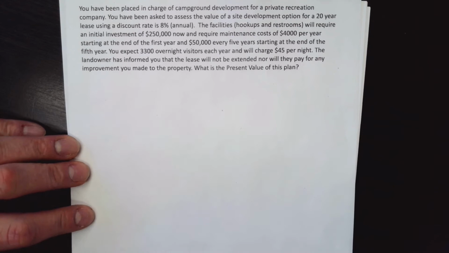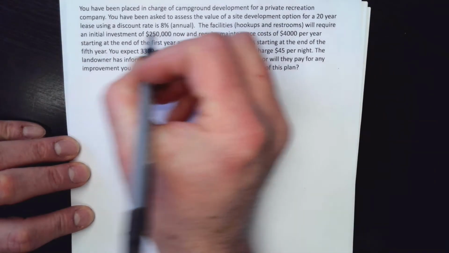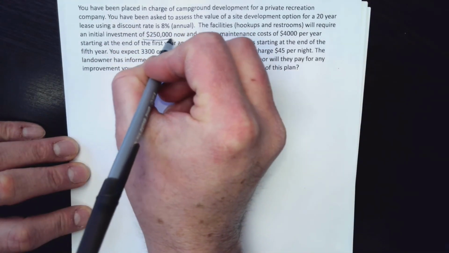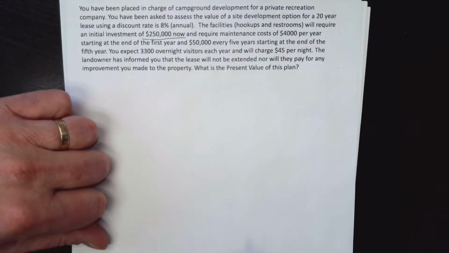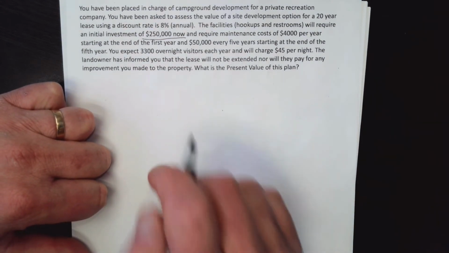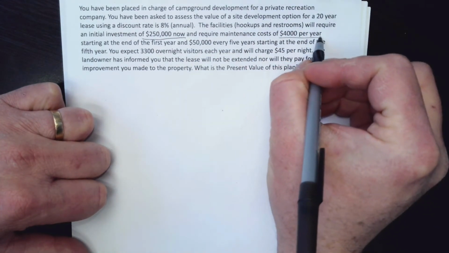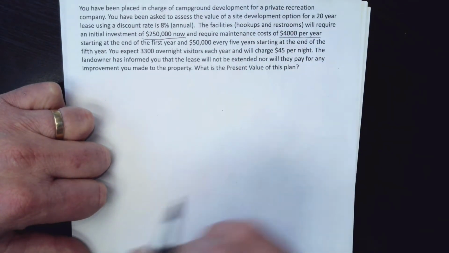So first thing I would do is break this into pieces. I think we can handle this in pieces. First part is initial investment, right? We've got an initial investment of $250,000 now. Second part is we know we have maintenance costs of $4,000 a year.